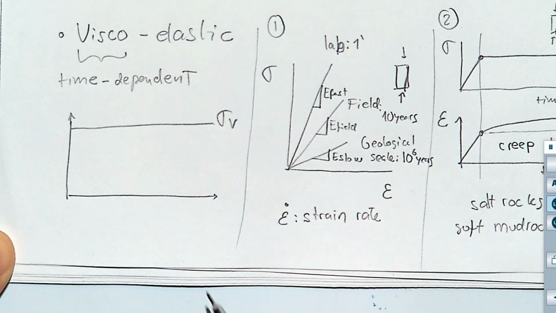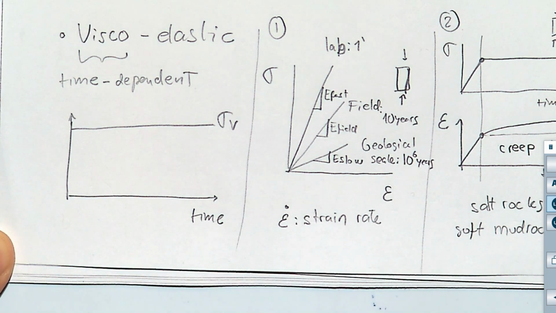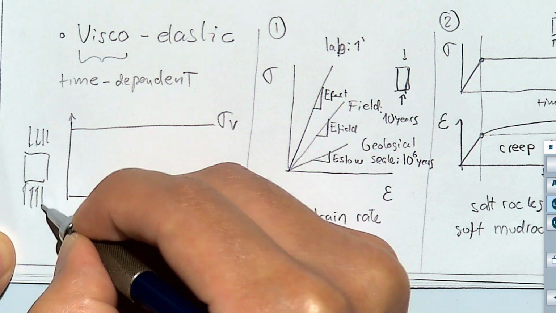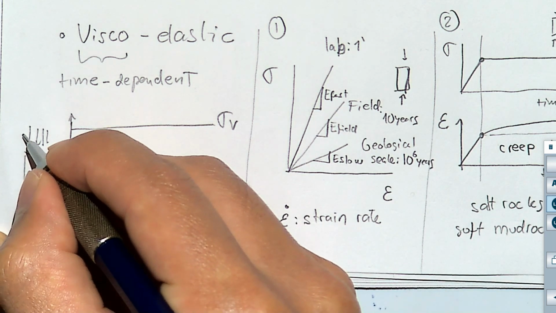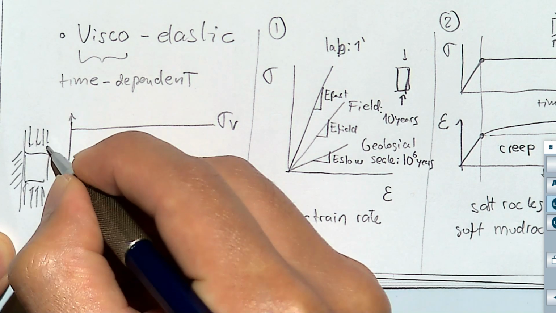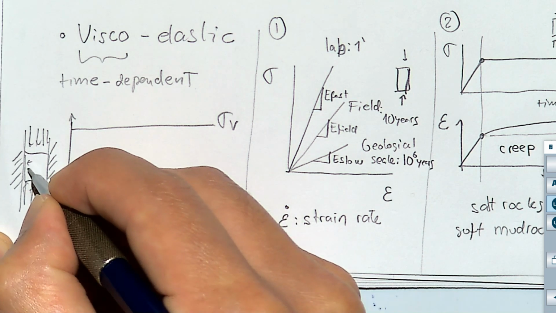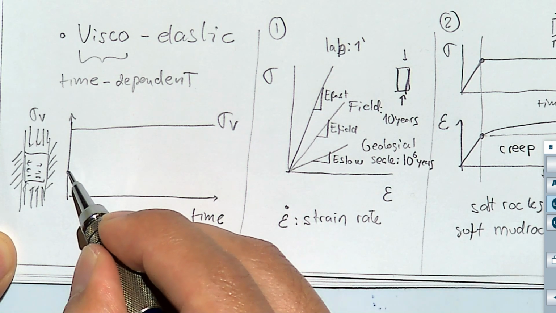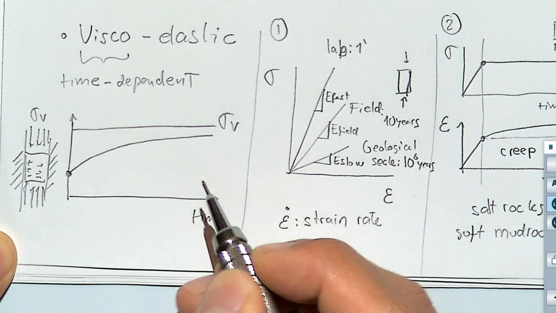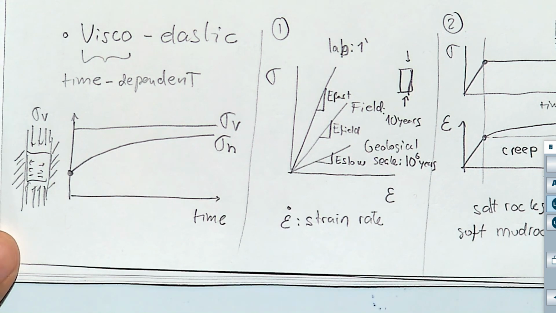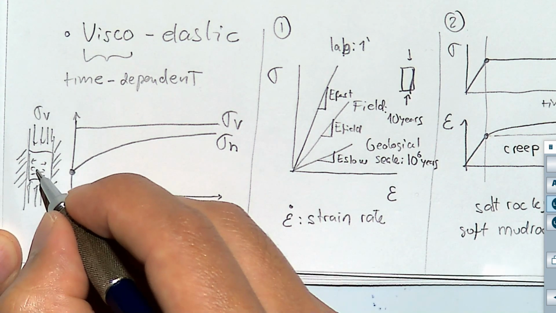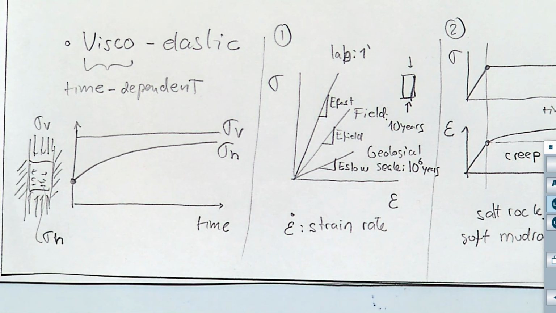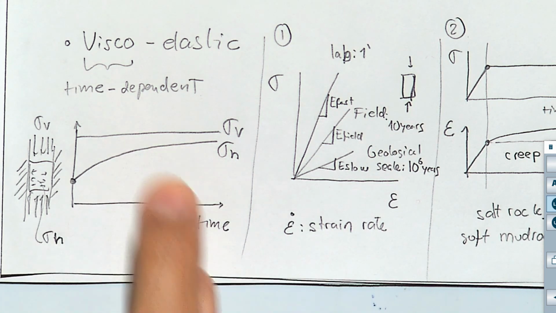If you have a constant vertical stress with time, a rock that exhibits viscoelastic behavior and under constrained conditions that cannot expand to the side is going to increasingly show bigger and bigger horizontal effective stress. And the bigger that horizontal stress, the bigger the pressure you're going to need in order to open a hydraulic fracture.